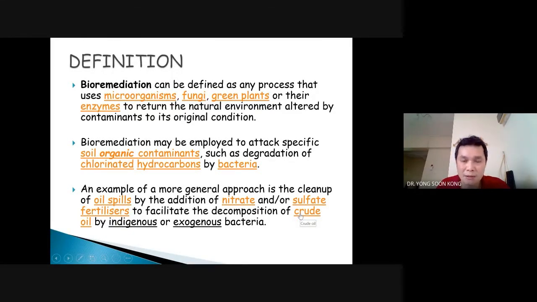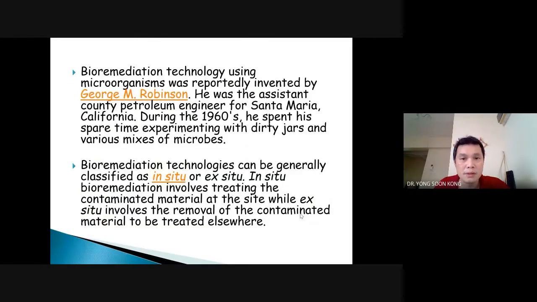Exactly. However, the examples that we're going to talk about refer to the pollutant of interest, like persistent organic pollutant, not just nutrient. So there has been a long history when you talk about the progress of bioremediation. It was first discovered by someone, so you can read it yourself if you want.